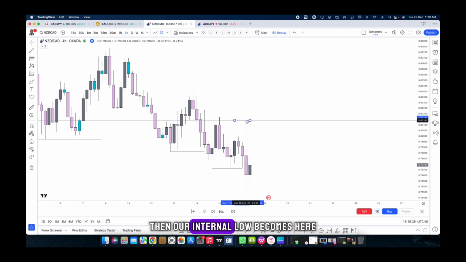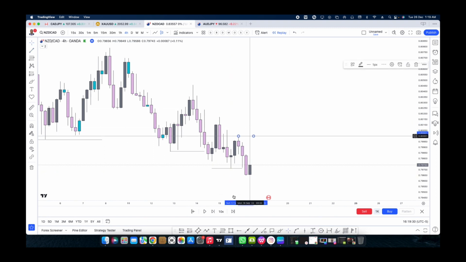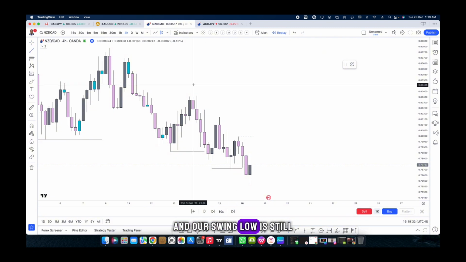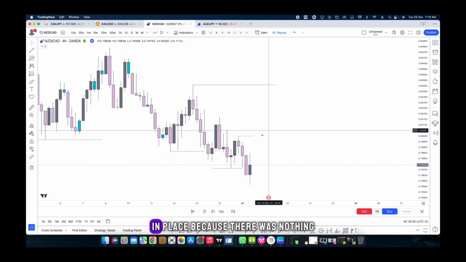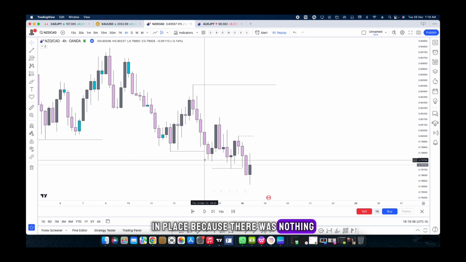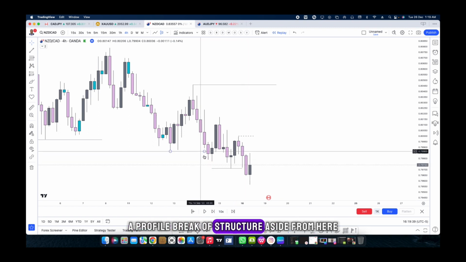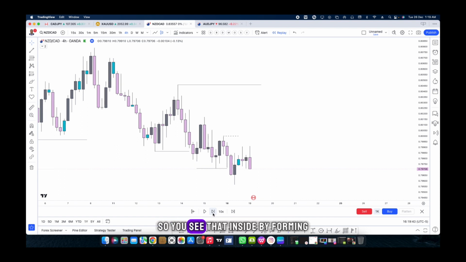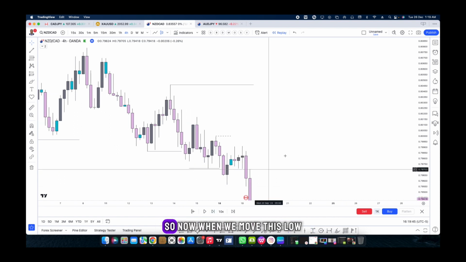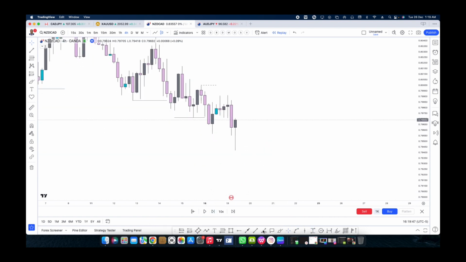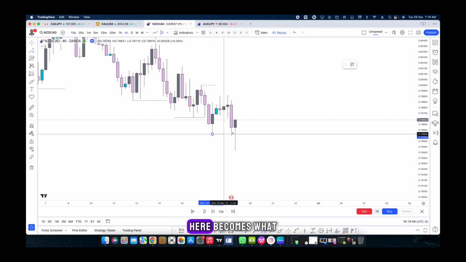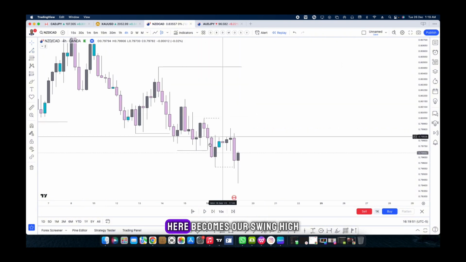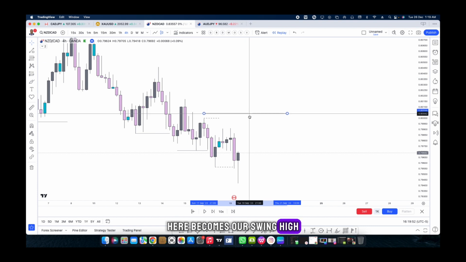Then our internal low becomes here, and our swing low is still in place, because there was not a proper breakout structure aside from here. So we dropped. So you see that inside bar forming. So now when we move this low, here becomes our swing high.